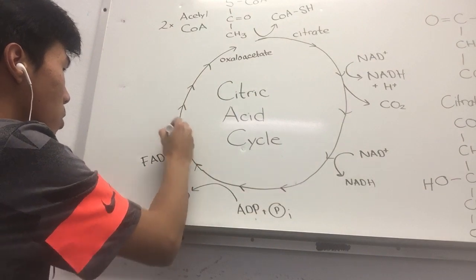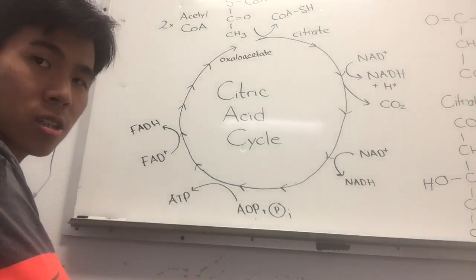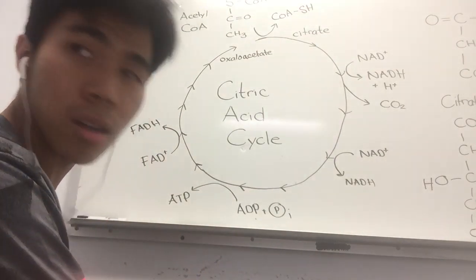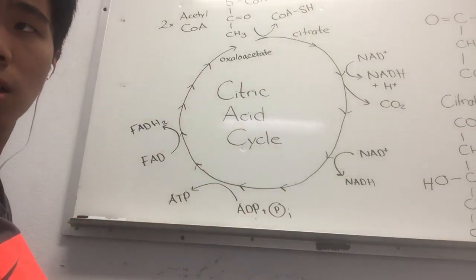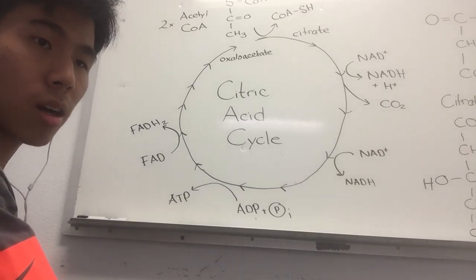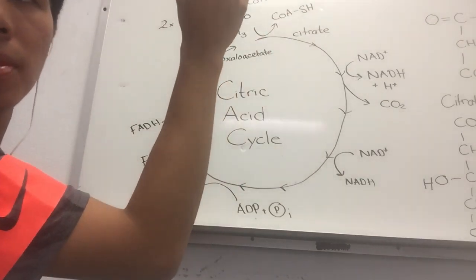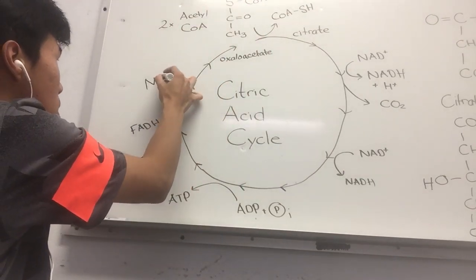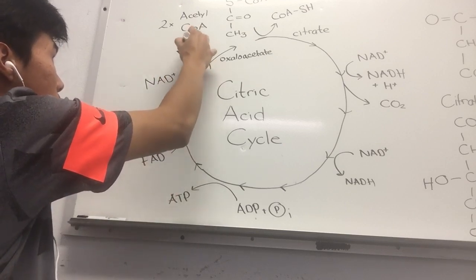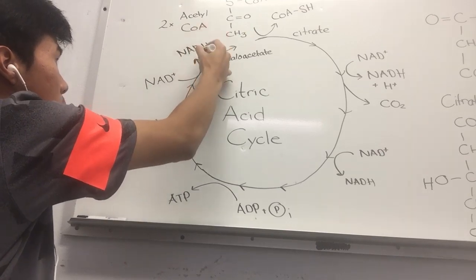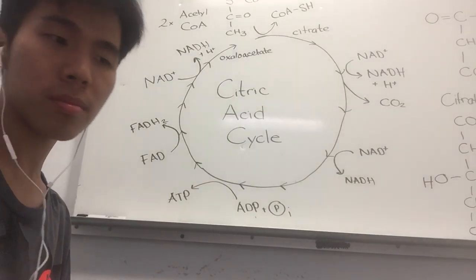It's going to form FADH2 by taking electrons and hydrogen. And after that, finally, there's going to be one more NAD plus that's going to come in, take an electron and form NADH with a hydrogen proton.